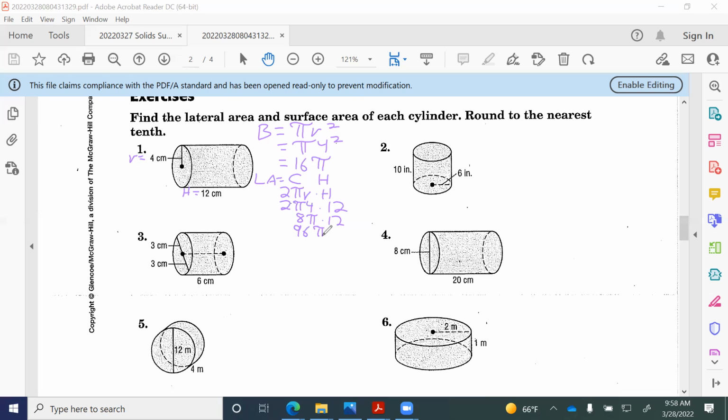And then we need surface area. All right, well, surface area, same as before, is going to be the lateral area plus 2 times the base area. We now know that the lateral area is 96 pi. We know that the base area was 16 pi.